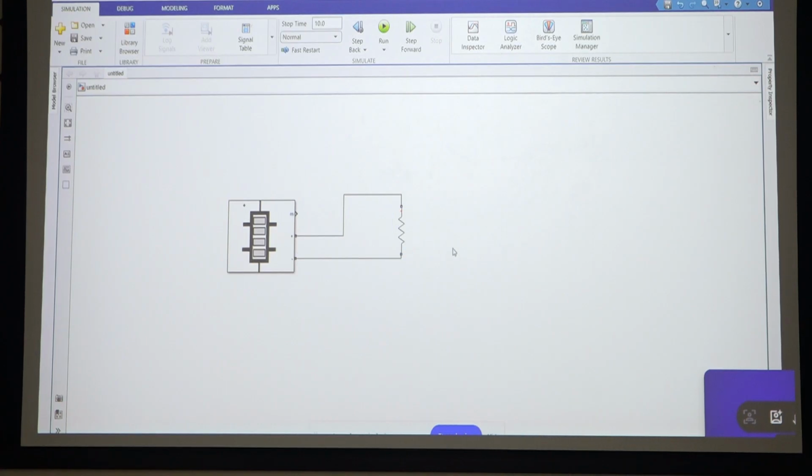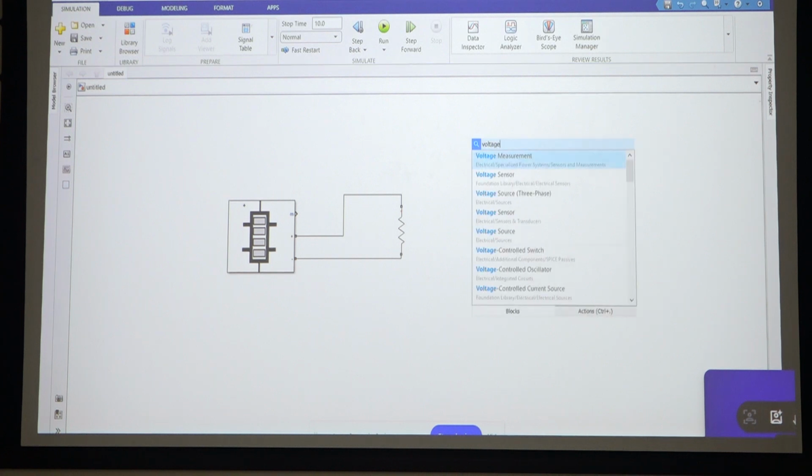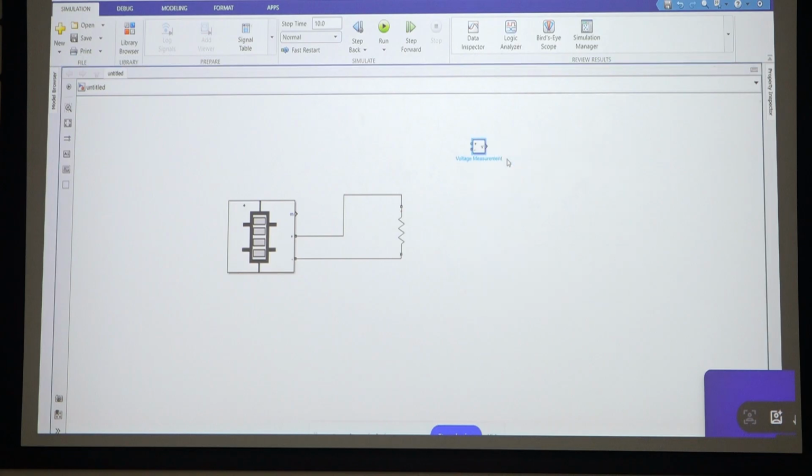Now we have to measure the voltage, current and power of this one. How can we do that? Just double click here, the same way, voltage measurement. We just take voltage measurement. It is actually a voltmeter, physically the thing we use in our laboratory.